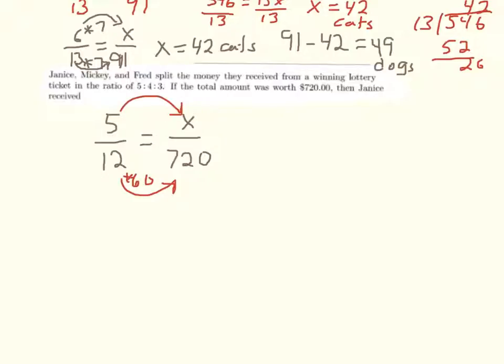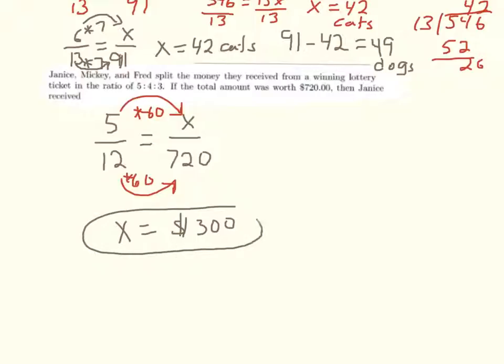And that's times 60. So Janice got $300. That was her part of the lottery winnings. Let's go to the next page.